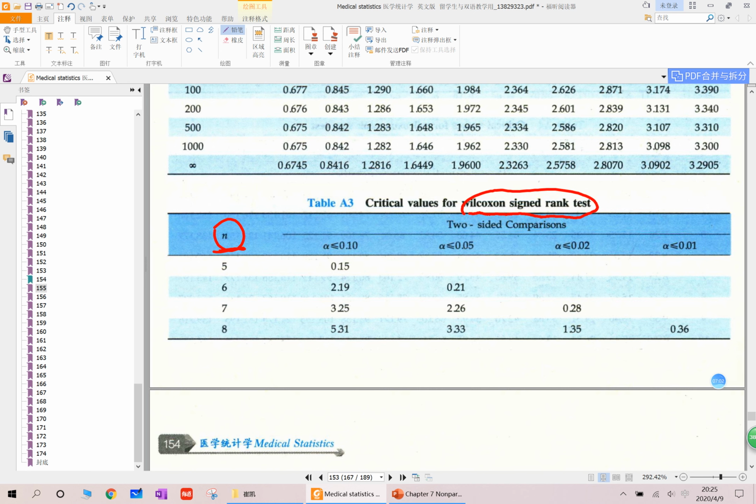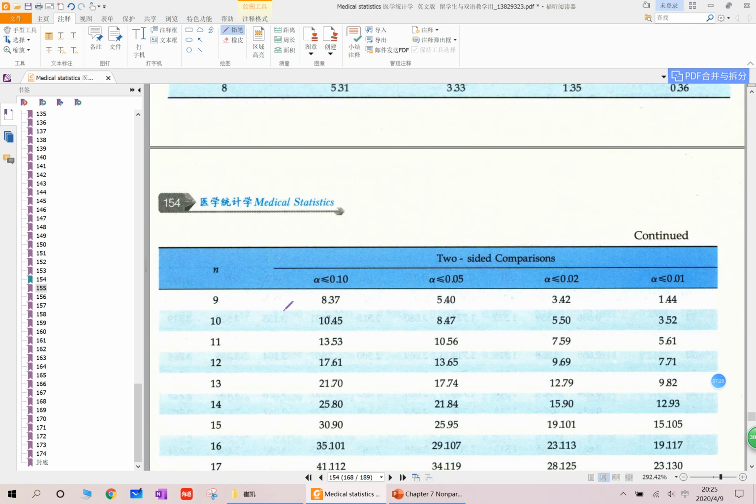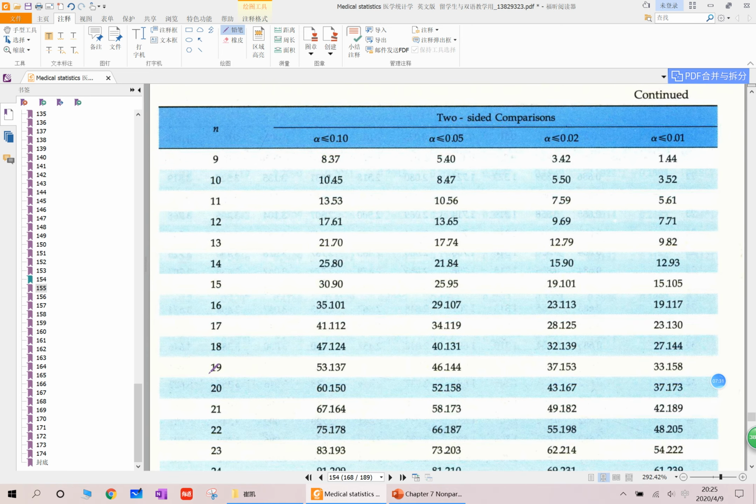For example, in this question, the little n equals 19. We have 20 young men in the question, but we found that one difference equals 0, so we omit it. So n equals n minus 1, that is 19. So we need to find the row for 19.